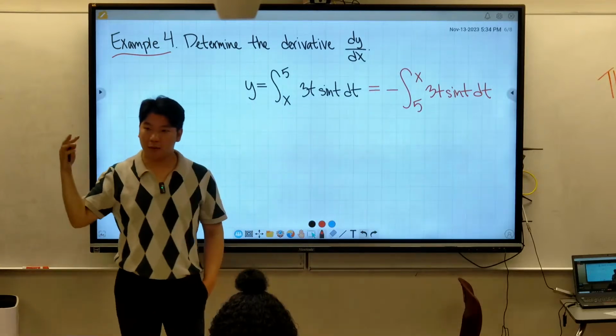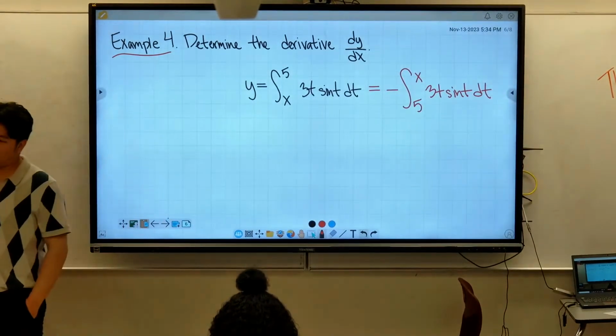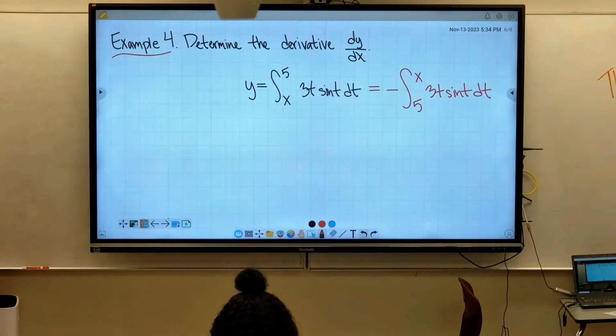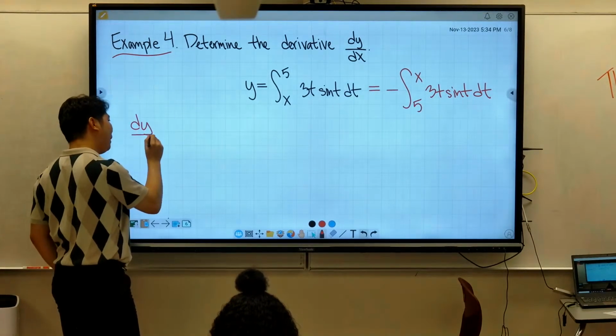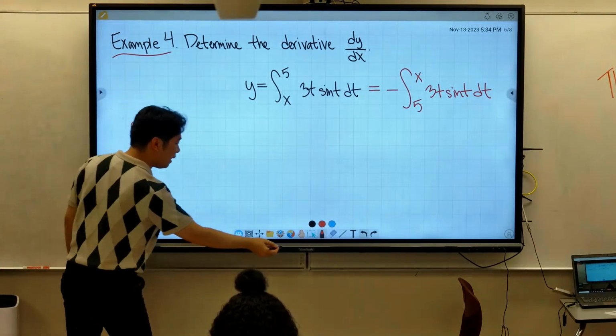We're always allowed to swap our bounds, and we just put a negative in front of the entire integral. That's great for us. So now I can go ahead and find dy dx, not dt.